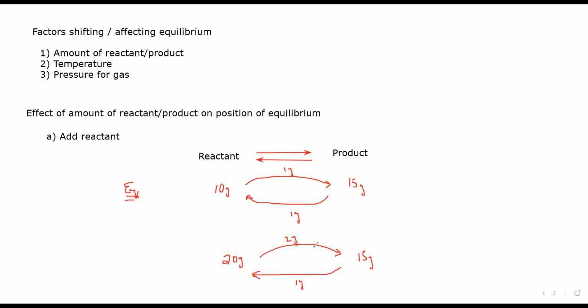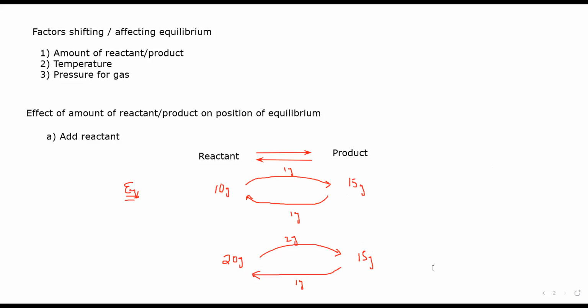So where is the equilibrium shifted when I add reactant? Which direction is the equilibrium or balance shifted when we add reactant? It's shifted towards forward or right hand side.